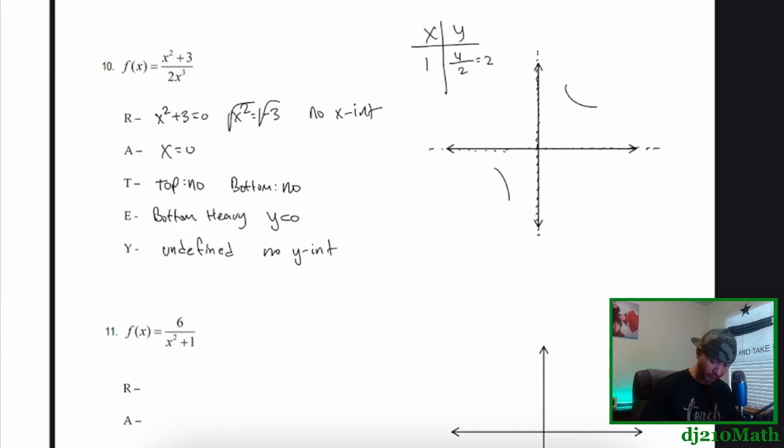So positive 2. So when x is 1, y is 2, which proves my suspicions. So the graph is going to look like this.